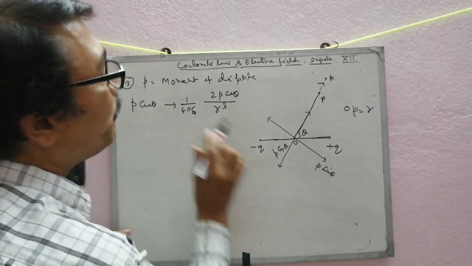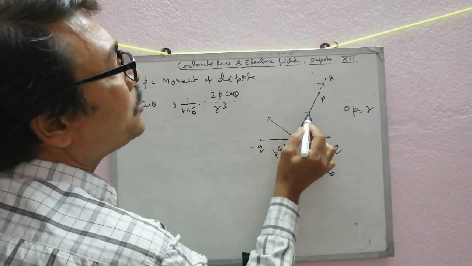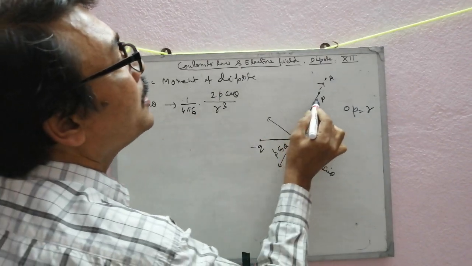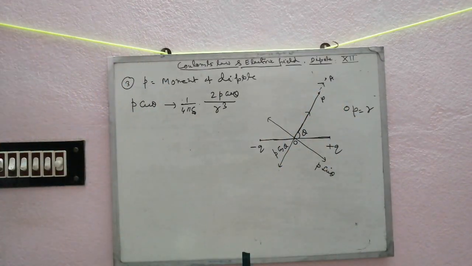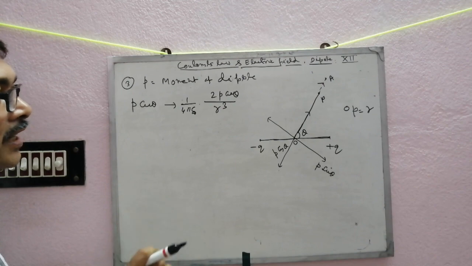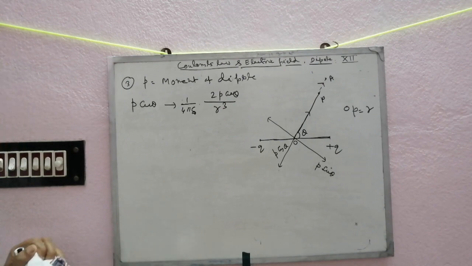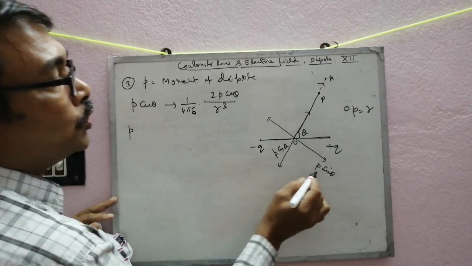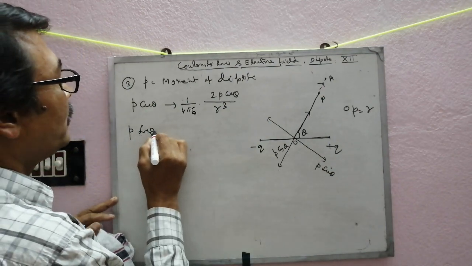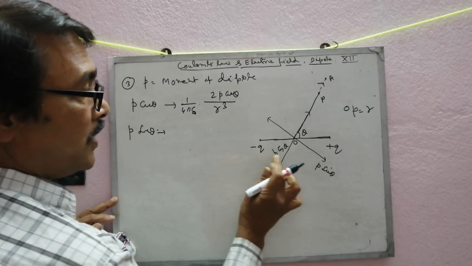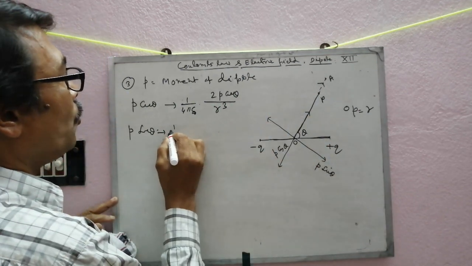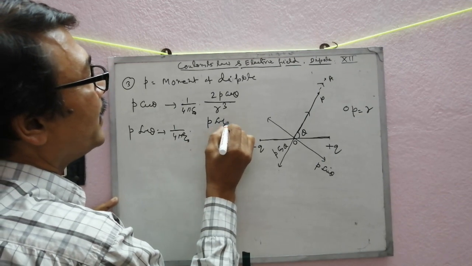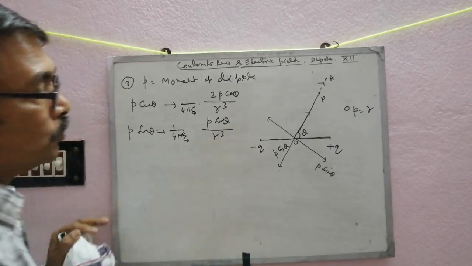The direction of P is in this way. So the direction of the field at a point on the axis is parallel to the dipole moment. The electric field due to the P sin theta component, on the perpendicular bisector point, is 1 by 4 pi epsilon naught P sin theta by r cube.